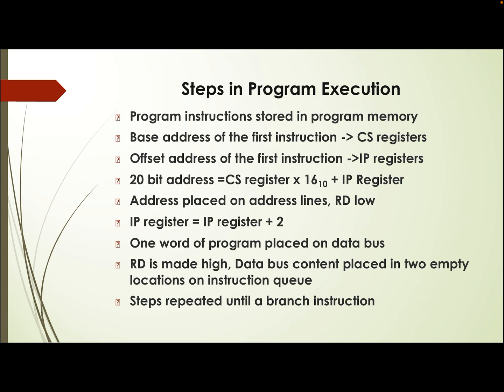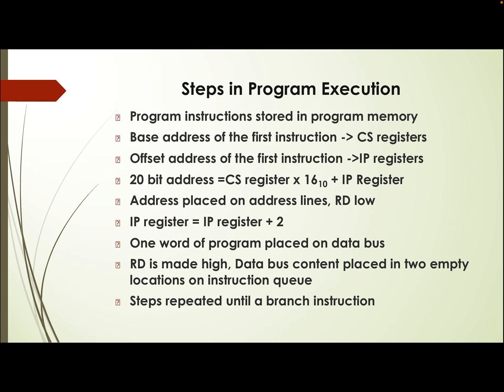The base address of the program is already stored in the code segment register, and the offset address of the current instruction, the first instruction in the program, is already loaded in the IP register, the instruction pointer register. So how the 20-bit address is calculated is our primary concern.